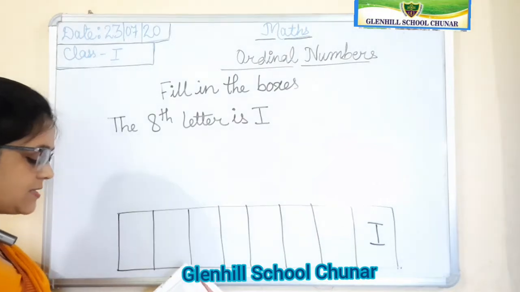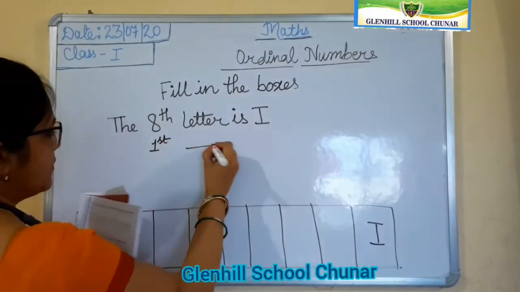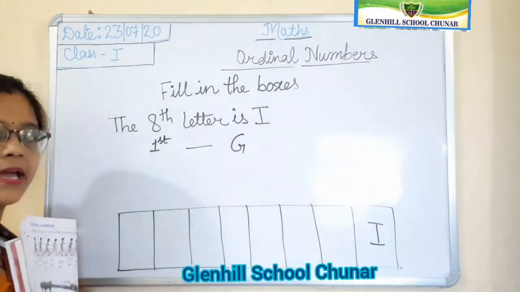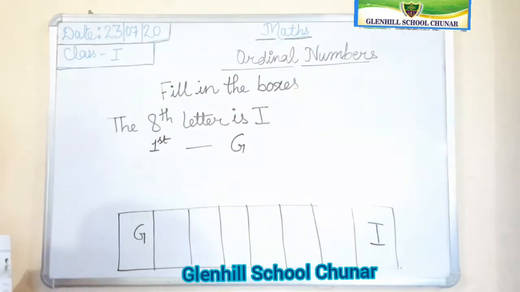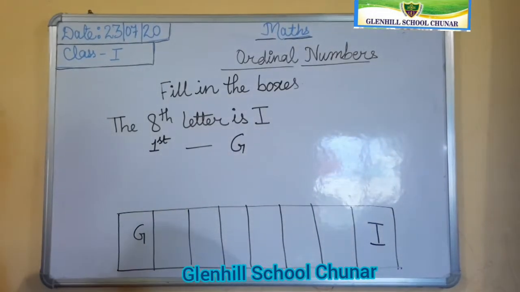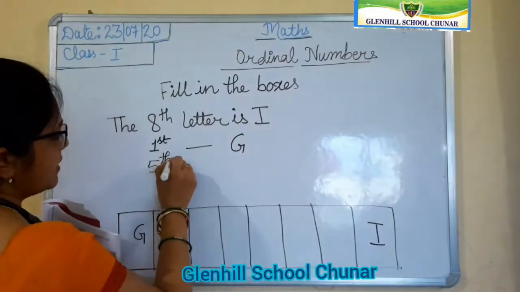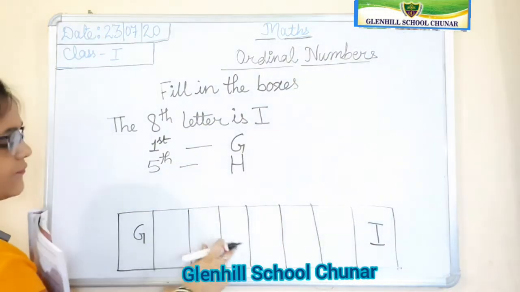Then the first letter. What is the first letter? The first letter is G. So I have written G here. Okay students, got it? Now the fifth letter is H. The fifth letter is here: 1, 2, 3, 4, 5.